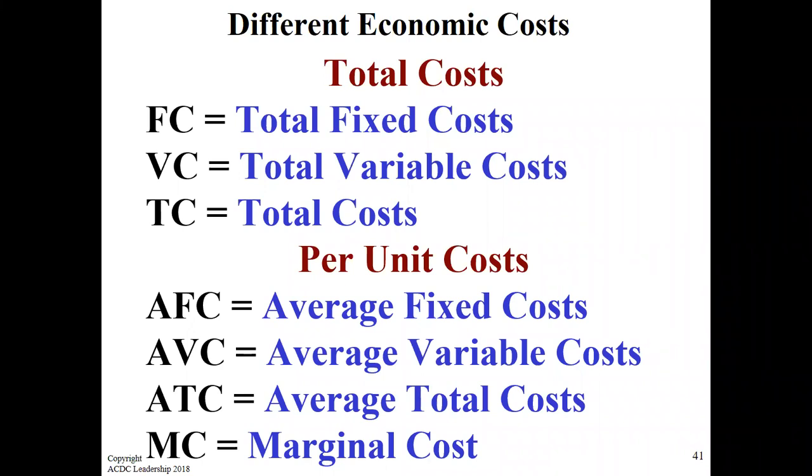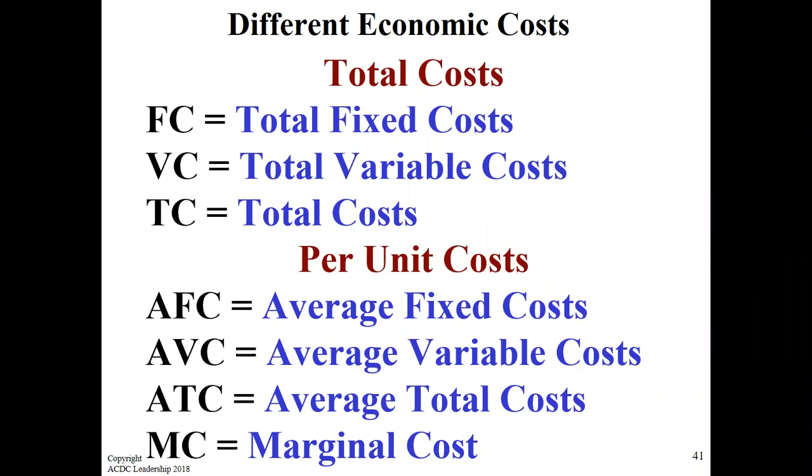All right, so fixed costs, we talked about what fixed costs were, right? They are things that don't change no matter what the quantity is. Variable costs are things that change. So fixed costs are like rent, ovens. Variable costs are like sauce, cheese. If you add up your fixed and your variable, you have total.